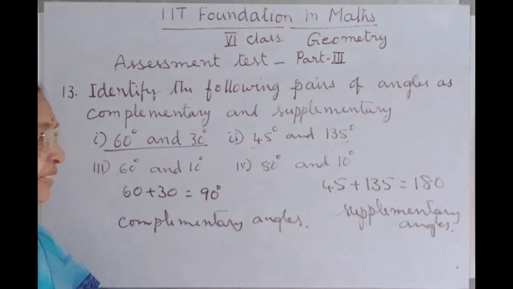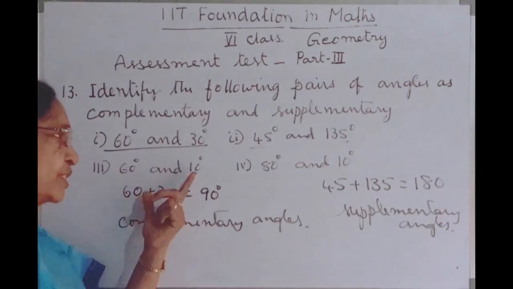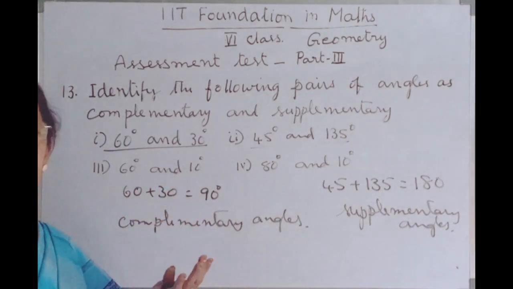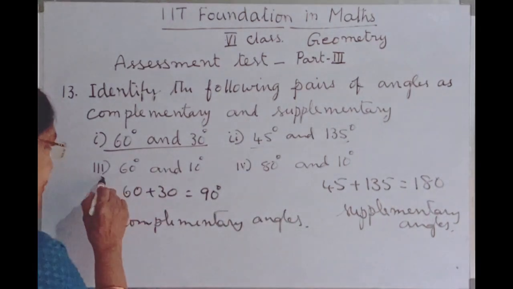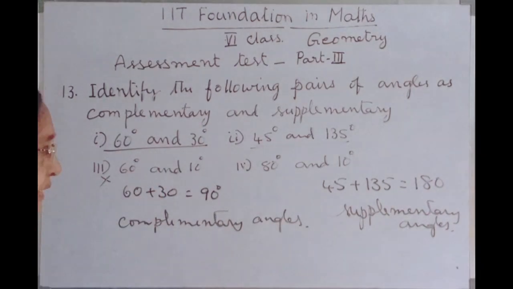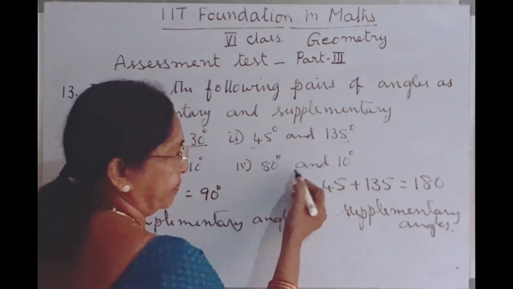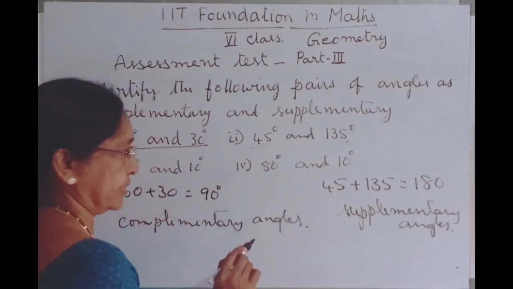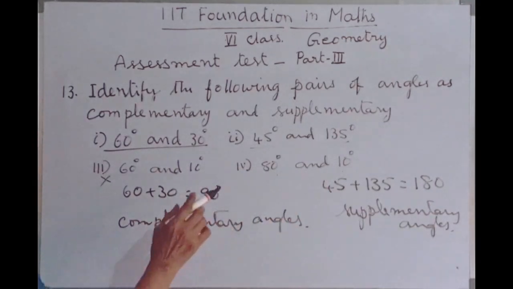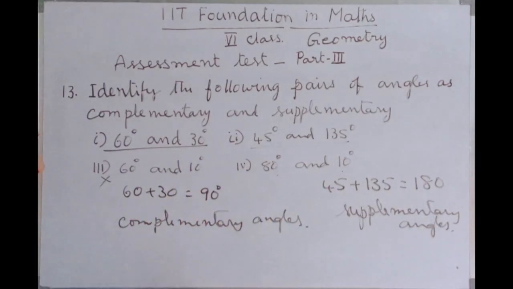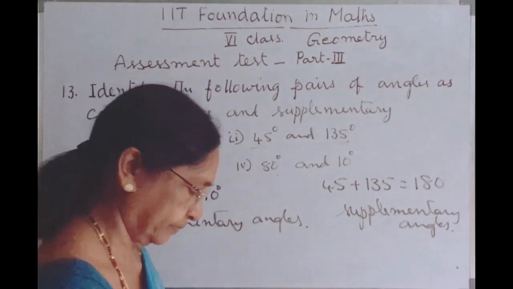It is neither 90 nor 180 degrees. Therefore, this pair of angles are neither complementary nor supplementary. And 80 and 10, the sum of 80 and 10 is 90 degrees. So this pair is complementary angles, because their sum is 90 degrees.